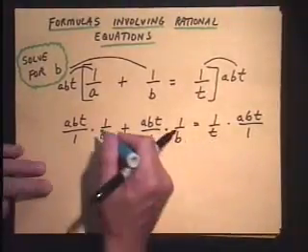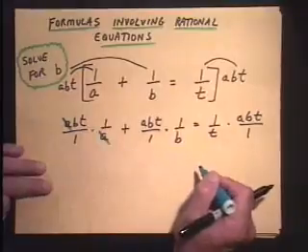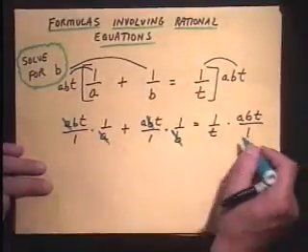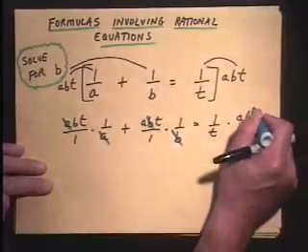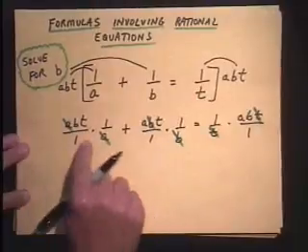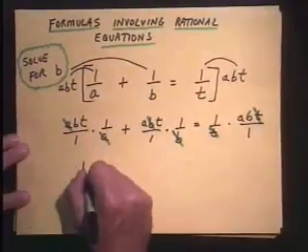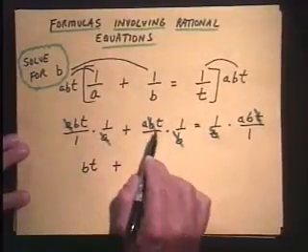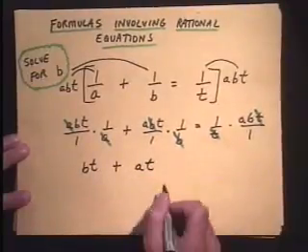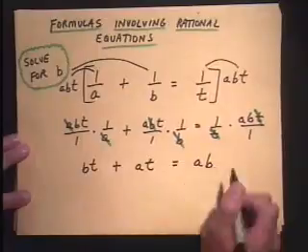In these two, we'll chop the a's. In these two fractions, we'll chop the b's. And in these two equal to, we'll chop the t's to get rid of those fractions. So what are we left with? bt plus at equals ab.